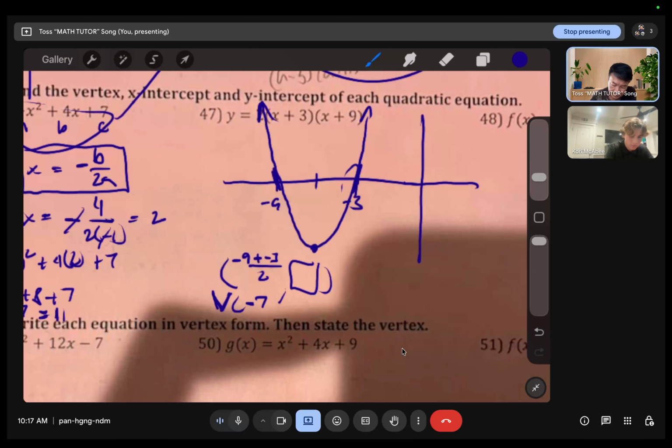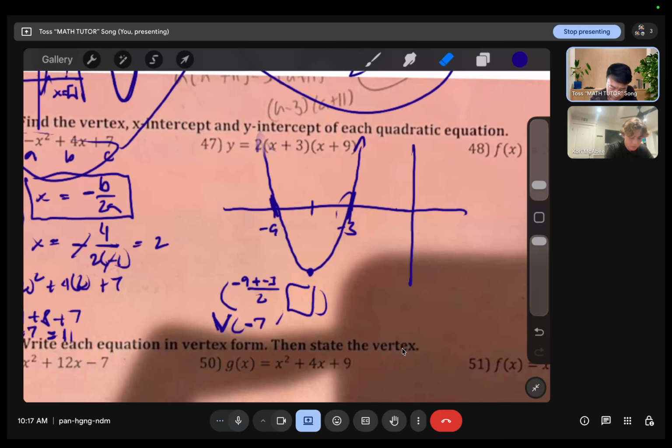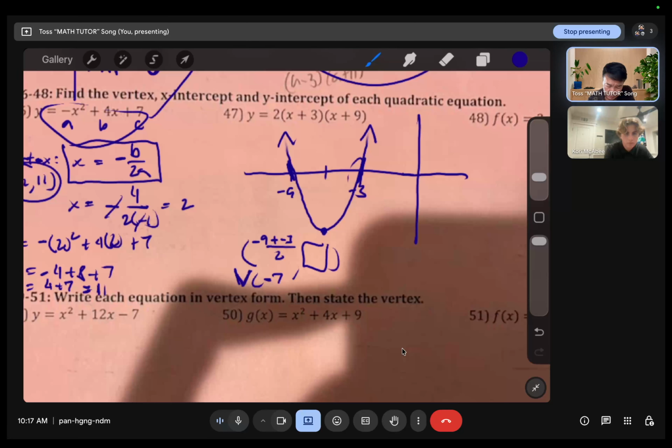Then we'll plug that -7 back into the original to get your y. If it's written in factored form, this is how I would do it. So plug -7 back in. Y equals 2 times -7 plus 3 times -7 plus 9.